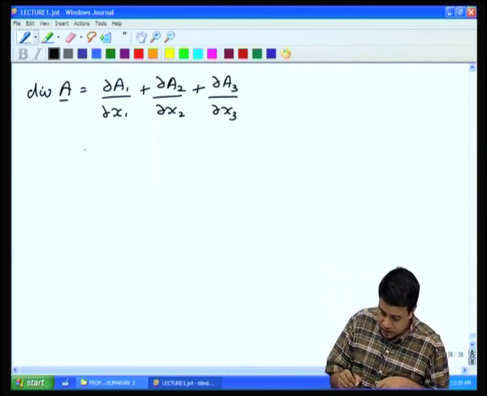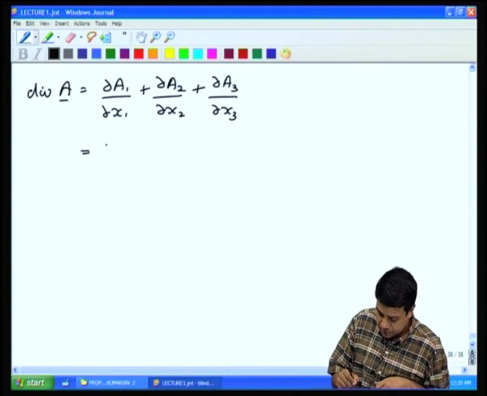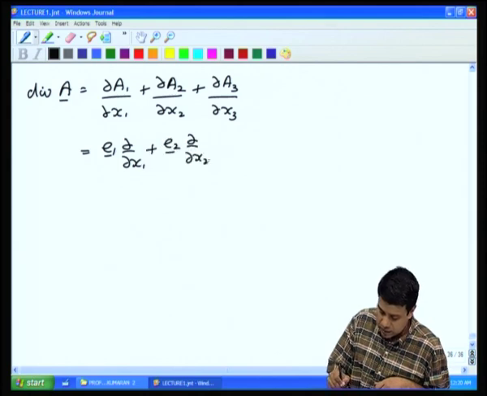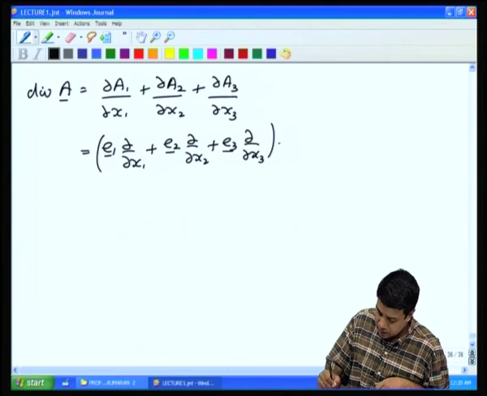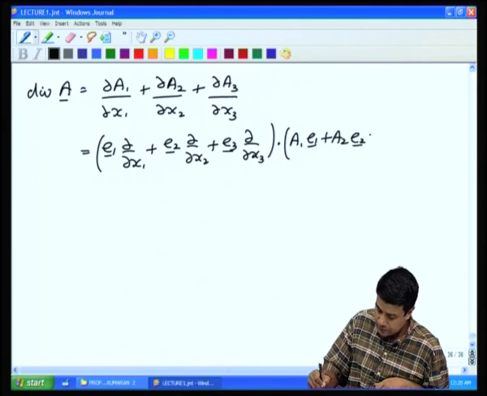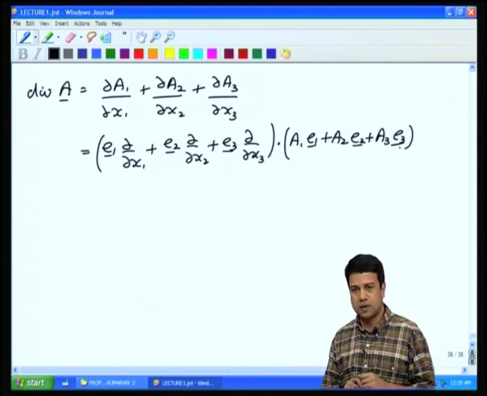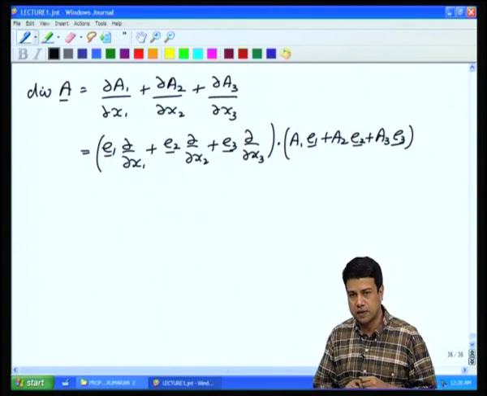I can also write this as E1 partial by partial x1 plus E2 partial by partial x2 plus E3 partial by partial x3, dotted with A1 E1 plus A2 E2 plus A3 E3.